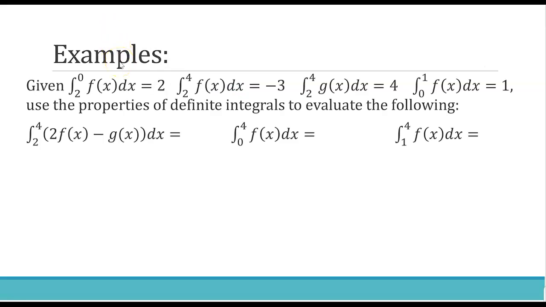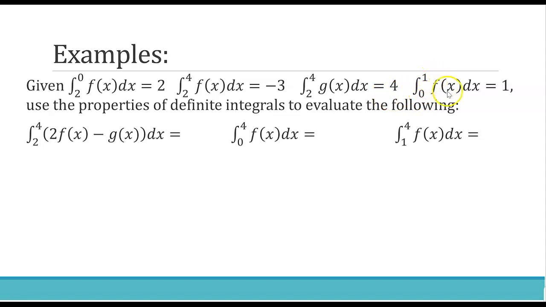Let's look at a few more examples that involve those properties of definite integrals. Let's say you're given these few pieces of information here. The integral from 2 to 0 of f of x dx is equal to 2. The integral from 2 to 4 of f of x dx is equal to negative 3. The integral from 2 to 4 of g of x dx is equal to 4.